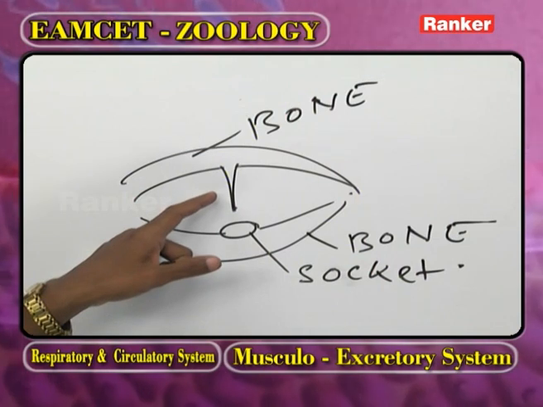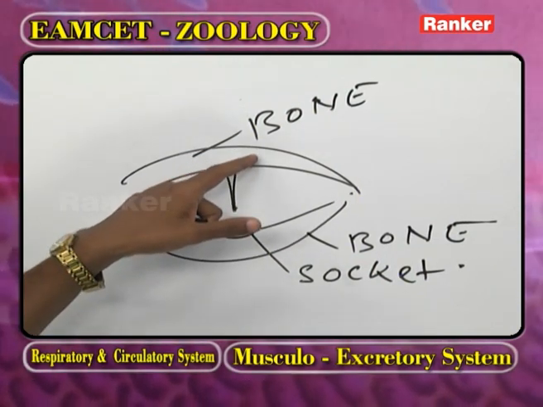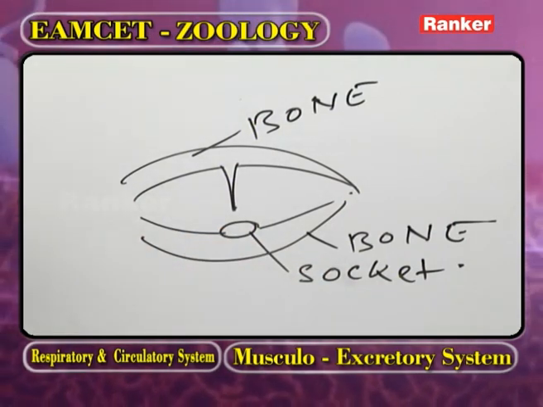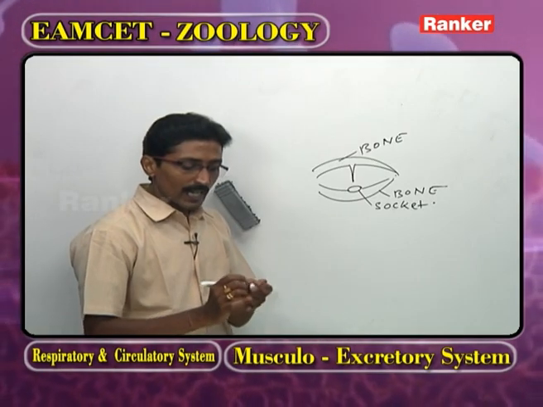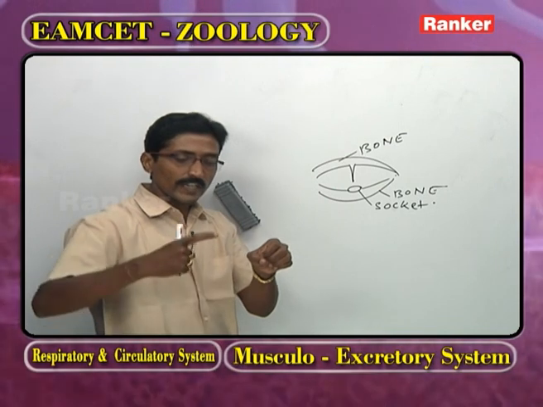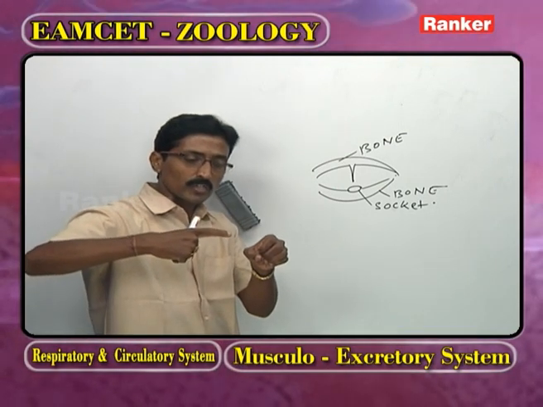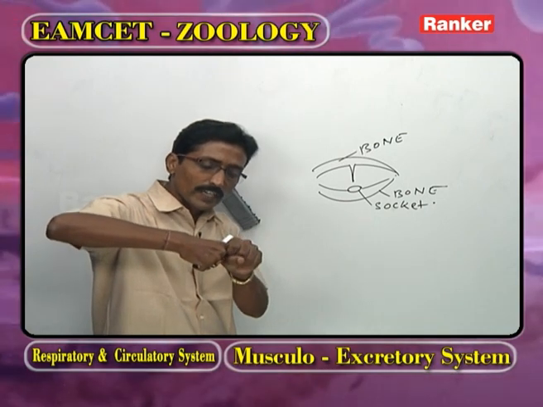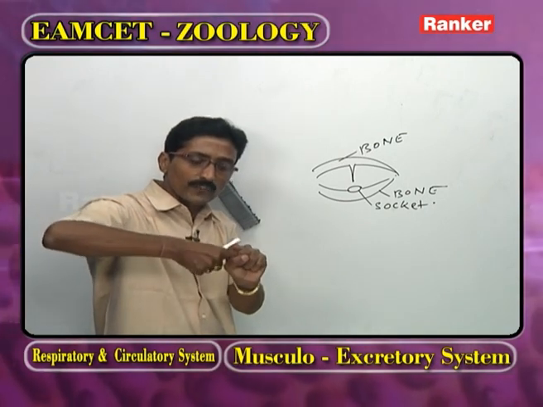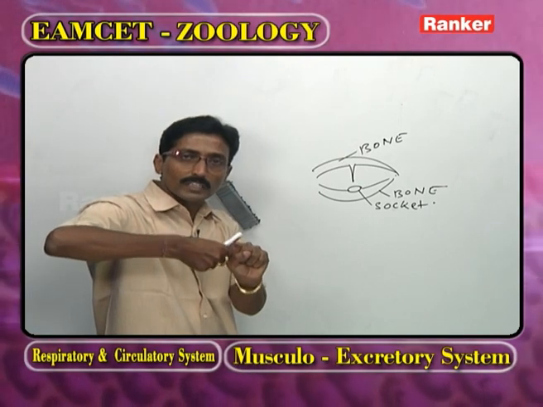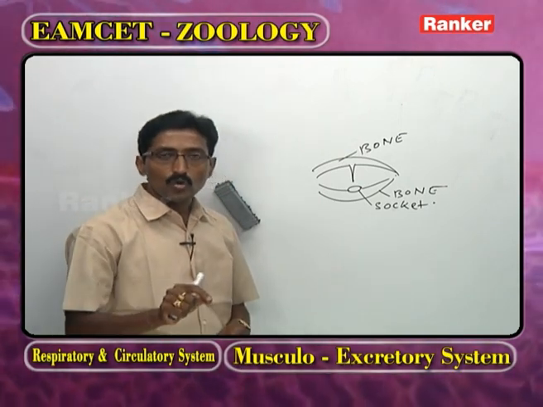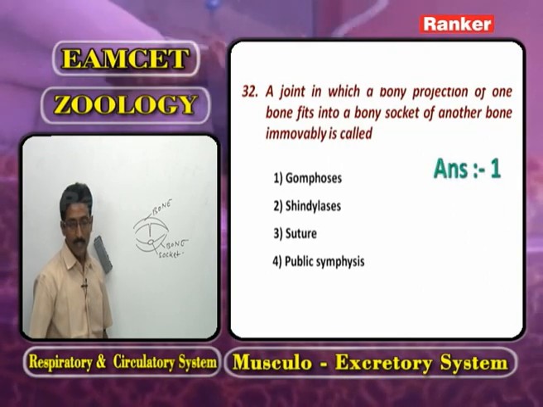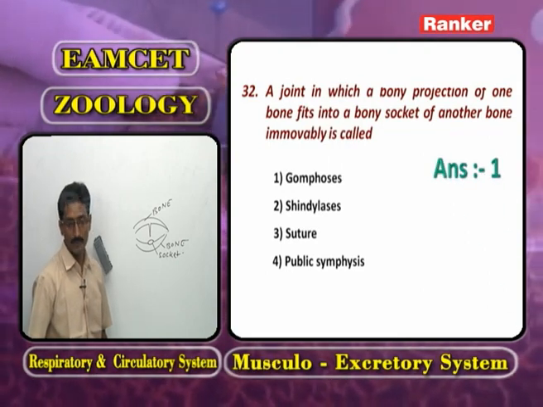The bony projection of one bone fits into the socket of another bone. There is no free movement, it is immovable. That we call gomphosis. Now we go for the next question.